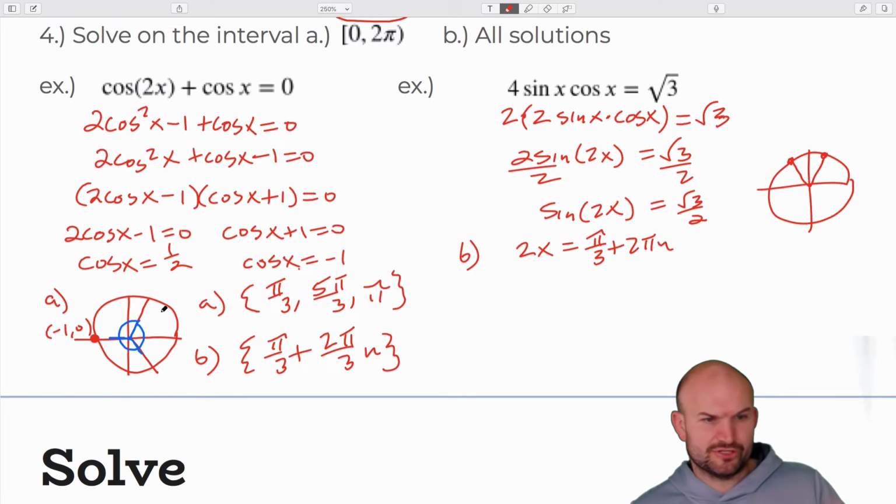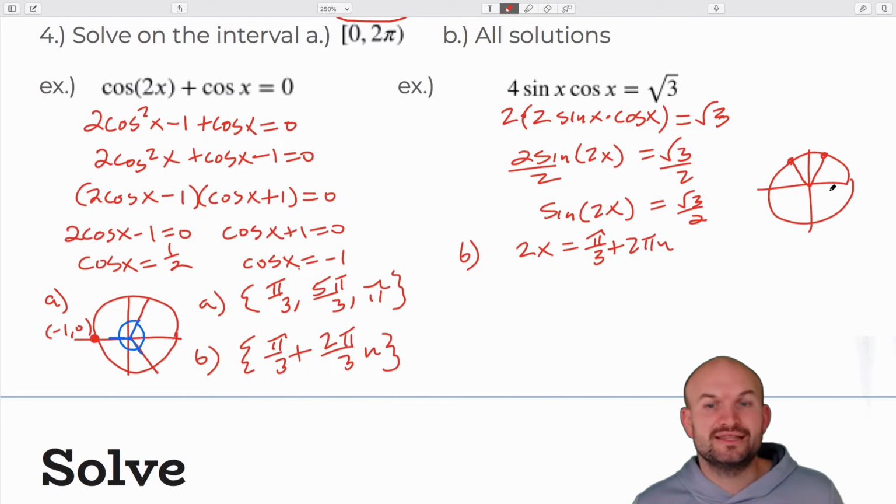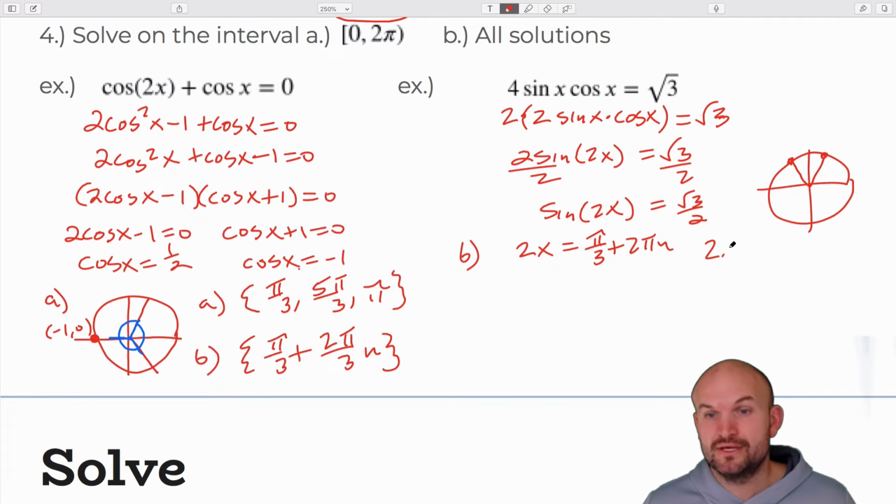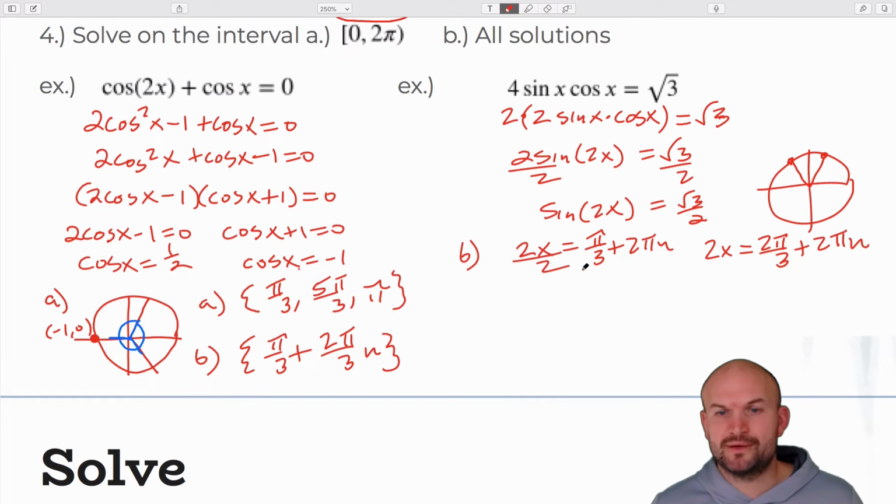Before, they were equidistant, so you could add the same distance to each of them. These do not have that. So therefore, we have to add 2 pi n to each of them. So 2x equals 2 pi over 3 plus 2 pi n. All right, now we'll just divide by 2.